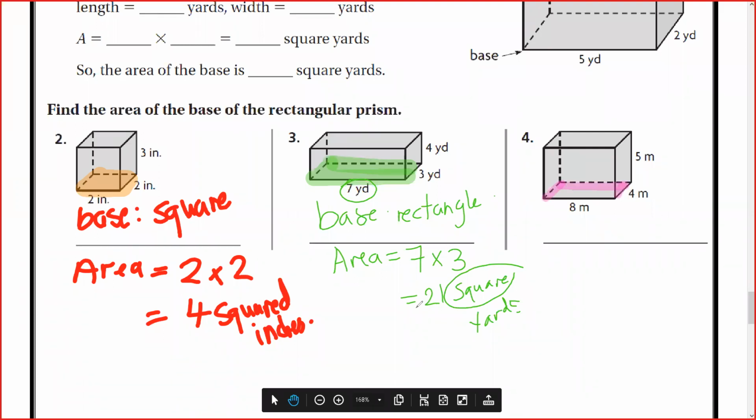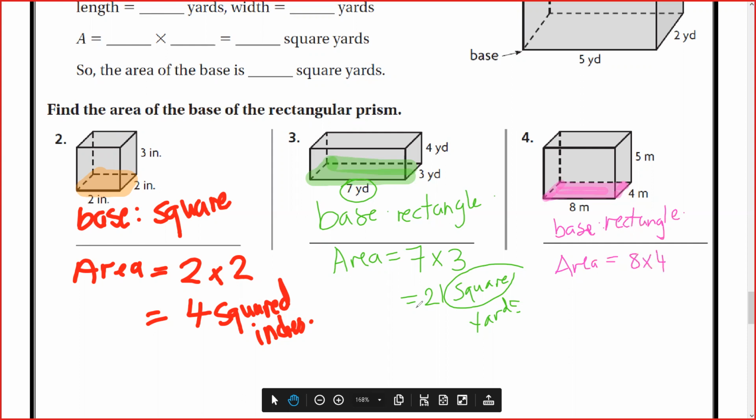What is the shape of the base? Rectangle, square, circle. Rectangle. Good job. Now, can you tell me what is the area of the rectangle here, or the area of the base? 8.